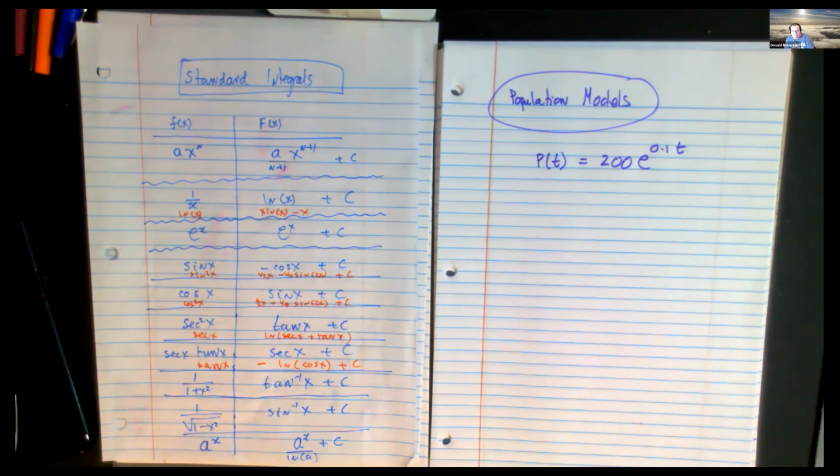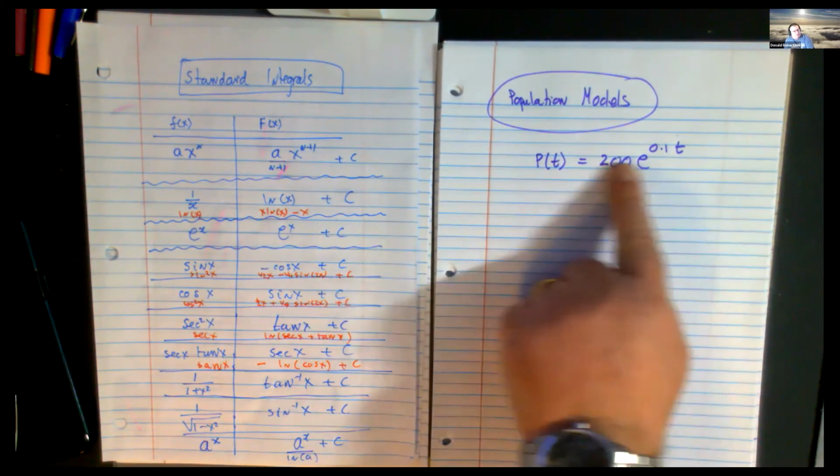Good, someone remembers it. So what we're going to do is we are actually going to generate a differential equation for a population model just like this, solve it, and prove to you this is what we get.